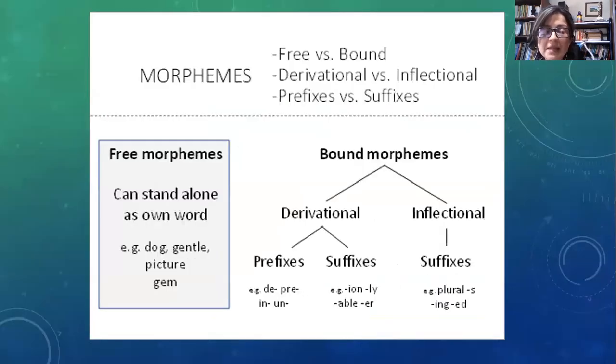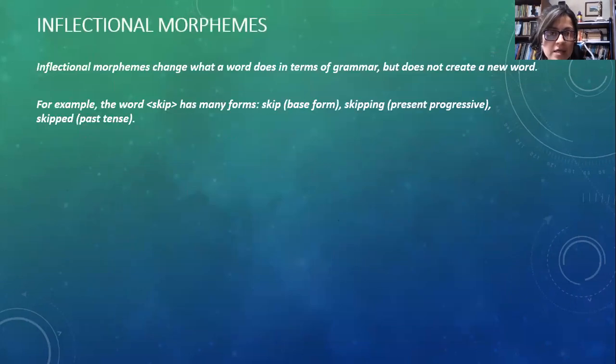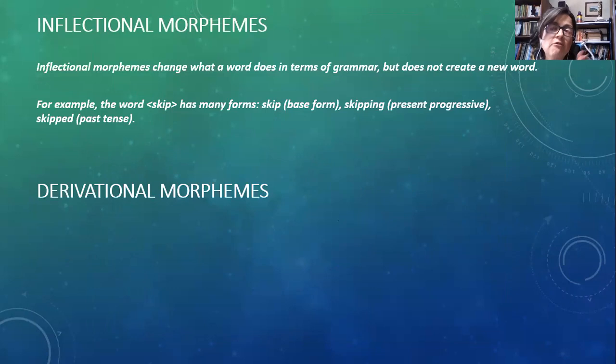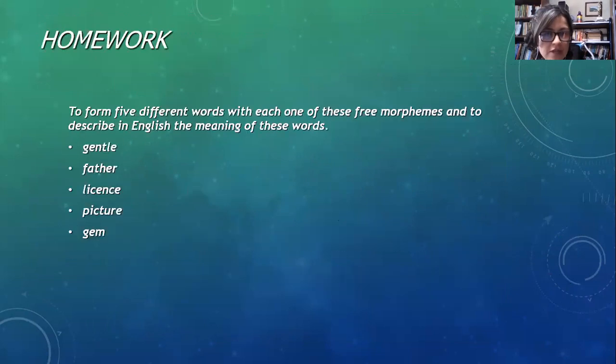To have a deeper understanding of this topic, the idea is that if you have in mind the meaning of free morphemes and bound morphemes, and you know the meaning of inflectional morphemes and derivational morphemes, I'm going to give you examples to form 5 different words with each one of these free morphemes, and to describe in English the meaning of these words.